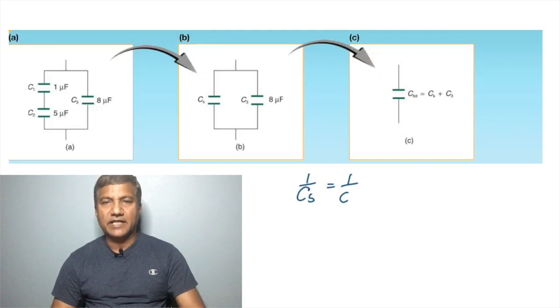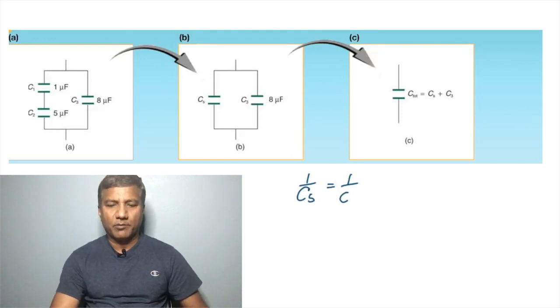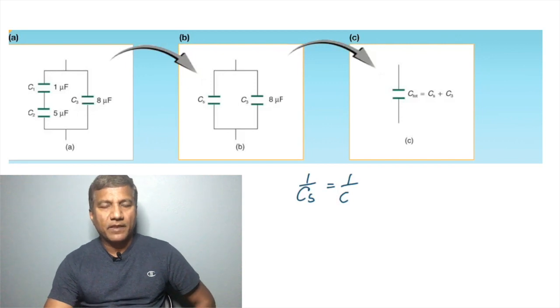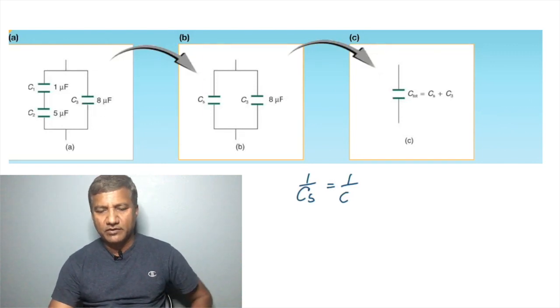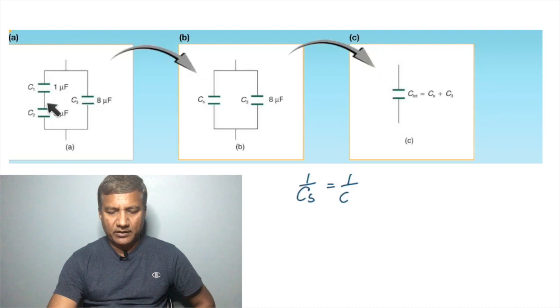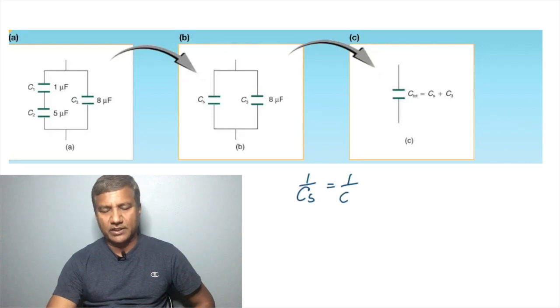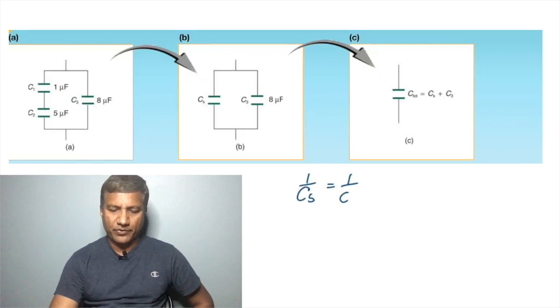Here is an example of three capacitors that are connected, with two of them connected here, C1 and C2, and a third one connected here. So when we look at this diagram, we can understand that C1 and C2 are connected in series, while that combination is connected in parallel to the third one.